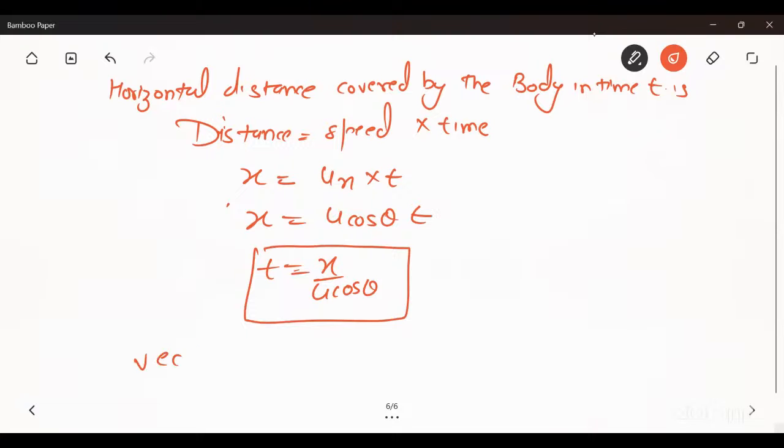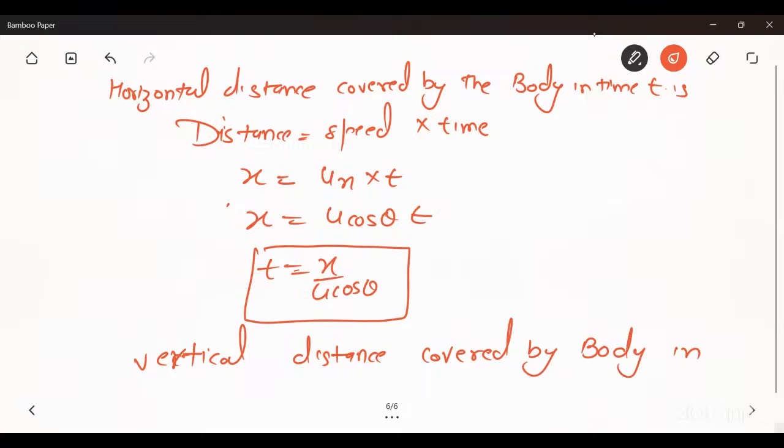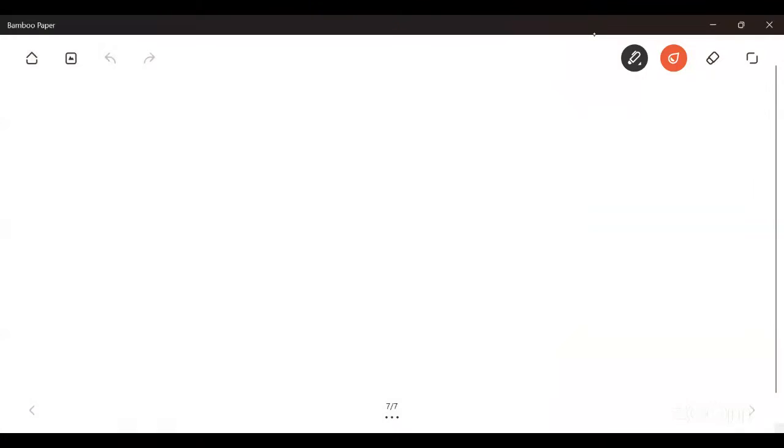Now the vertical distance covered by the body in time t. For vertical distance, we have acceleration too. So we will consider the second equation of motion, s is equal to ut plus half at square.